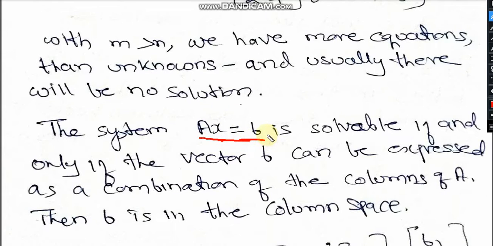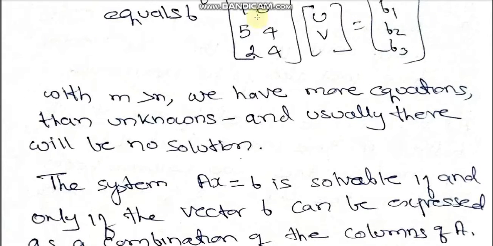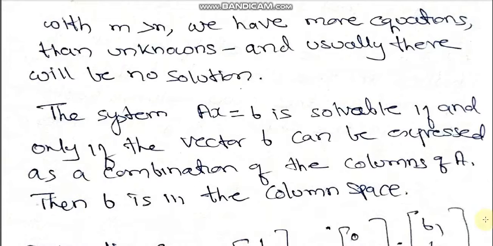You can check whether it is solvable or not if the vector b can be expressed as a combination of the columns of A. That is, 1u plus 0v equals b1, 5u plus 4v equals b2, and 2u plus 4v equals b3. If you represent it in this form, it can be expressed as a combination of the columns of A, and then b is in the column space. We say that b is present in the column space if you find the solution.